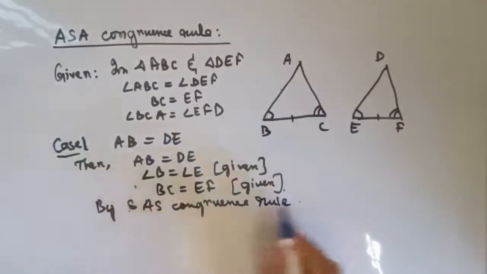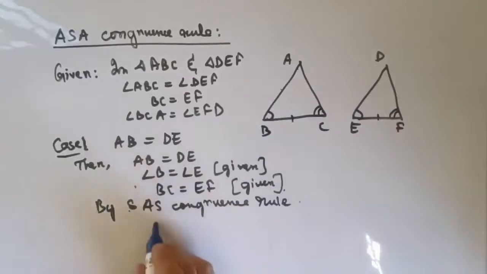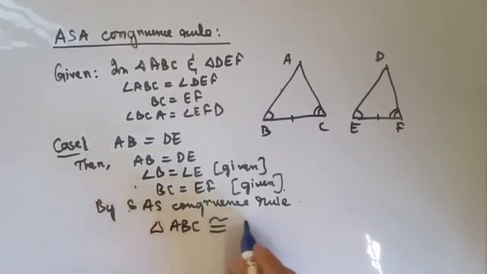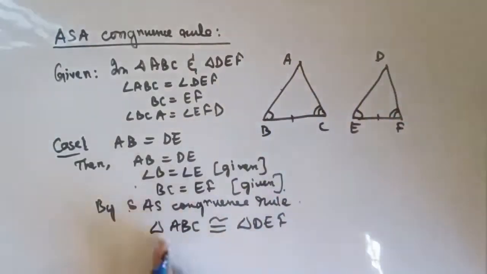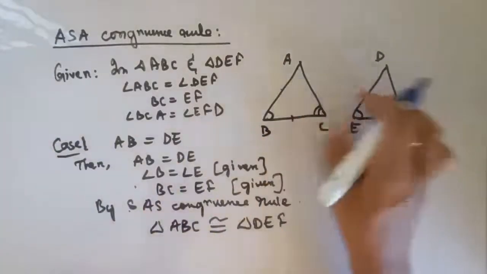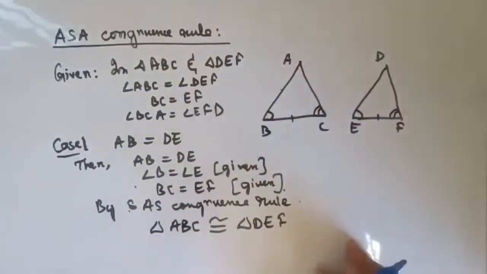Then by SAS Congruence Rule, triangle ABC is congruent to triangle DEF. This is the first case where we assume side AB is equal to DE, which proves that according to SAS Congruence Rule, these two triangles are congruent to each other.